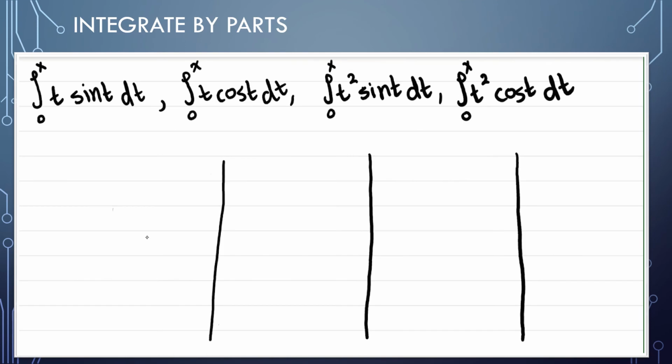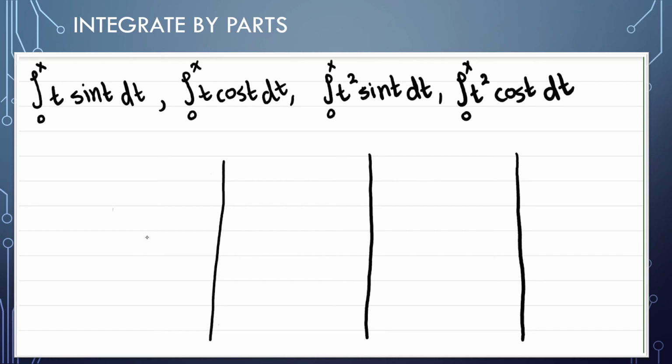These four integrations, we need their values in the example that we are solving. These four integrations can be solved by parts. Why? Because we have two functions that are multiplied, and one of them, when we differentiate it several times, will give us 0, but the other one will not.